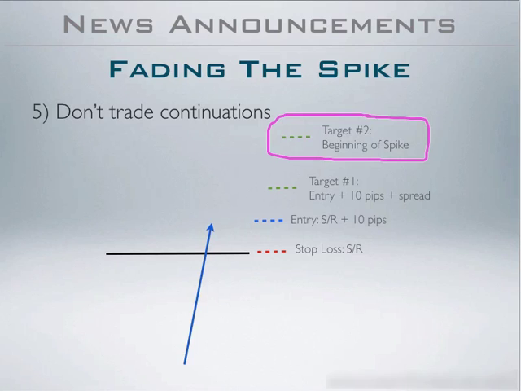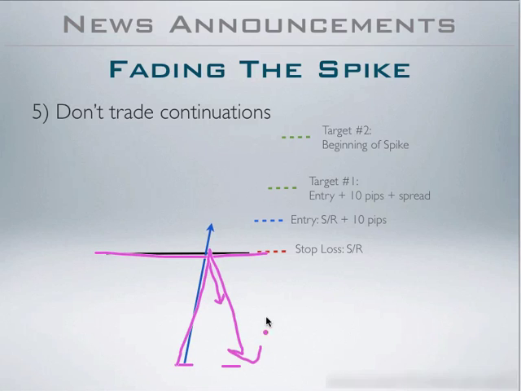I like to set my profit taking levels for one specific reason. When I trade counter spikes, the reason for locating my final target at the beginning of the spike is that, in my experience, the market tends to cancel out that spike altogether by retracing all the way back to where it all began.